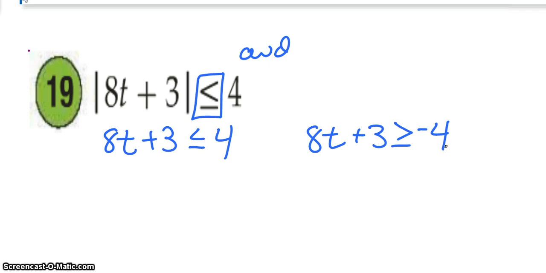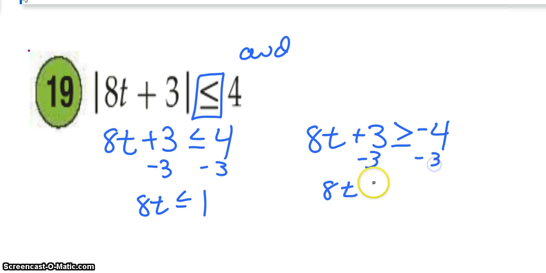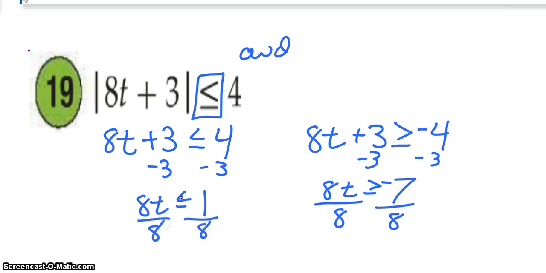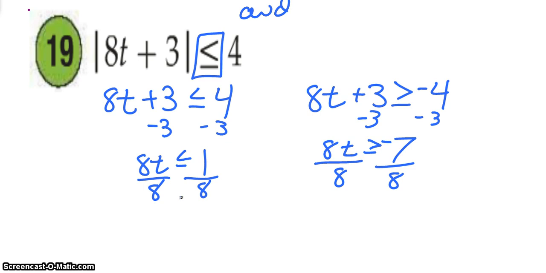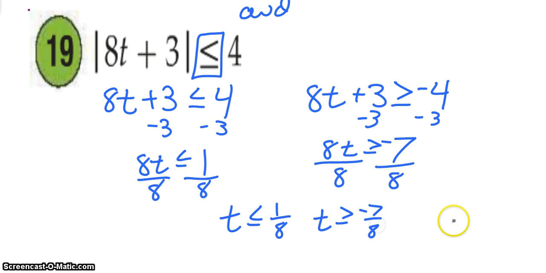Okay. Solve both of them. Subtract through here as well. So I have t is less than or equal to 1/8, and t is greater than or equal to -7/8.